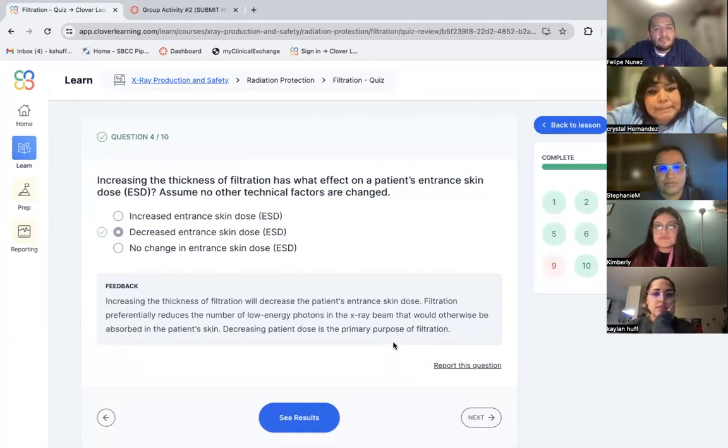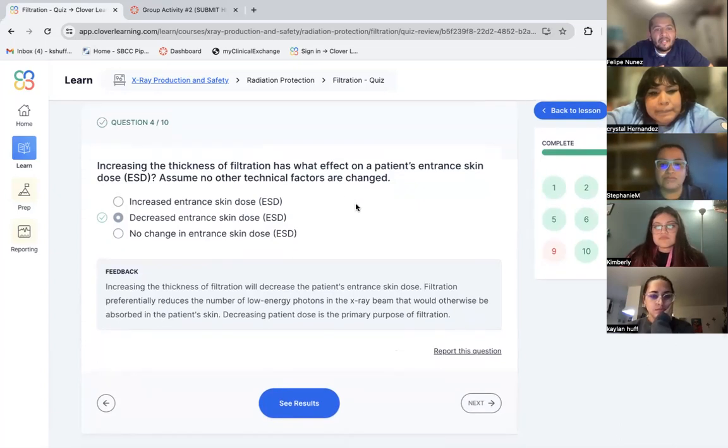Increasing the thickness of filtration has what effect on the patient's entrance skin dose? Assume no other technical factors are changed. It's going off that whole round robin thing he wants us to do. I think this one is similar to the past two questions: what does the filtration do? It reduces the low energy photons. Usually one of those filtrates is aluminum.